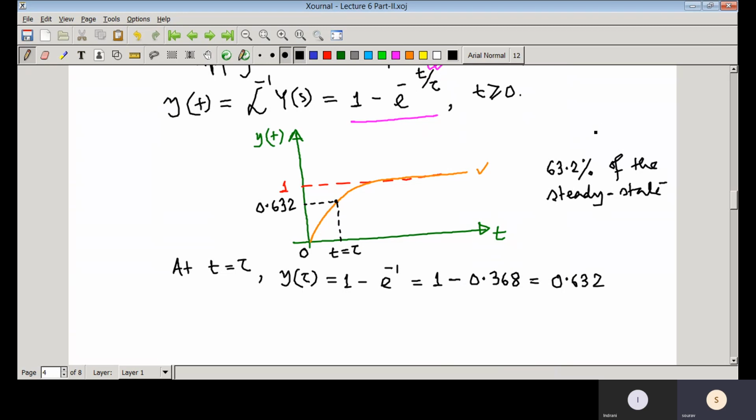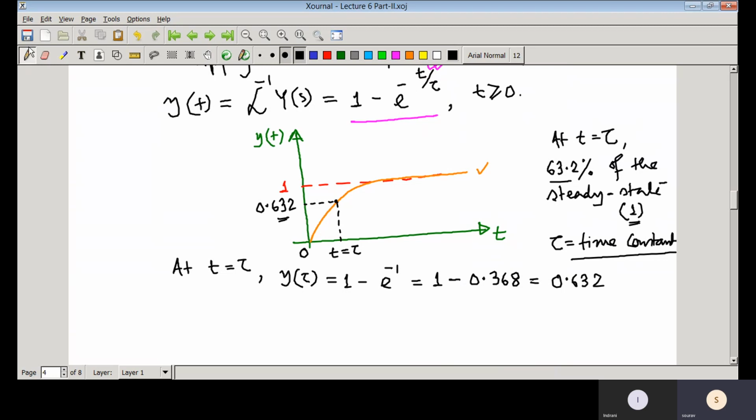So at t equal to tau, that output reaches 63.2% of the steady state. So steady state value is 1. So if you take this as 100%, at t equal to tau it is reaching 63.2%. So this tau is called the time constant.